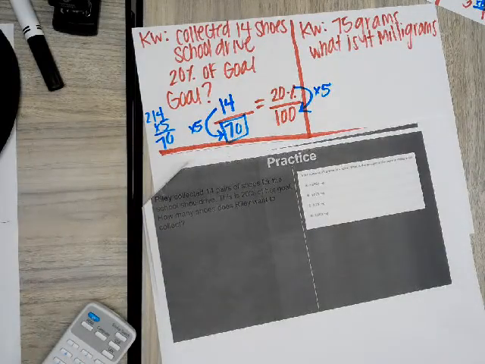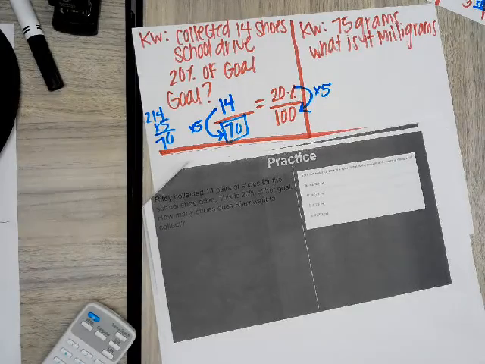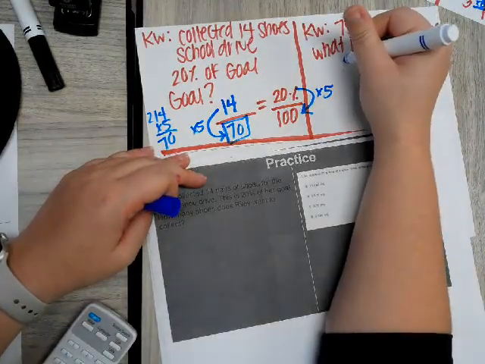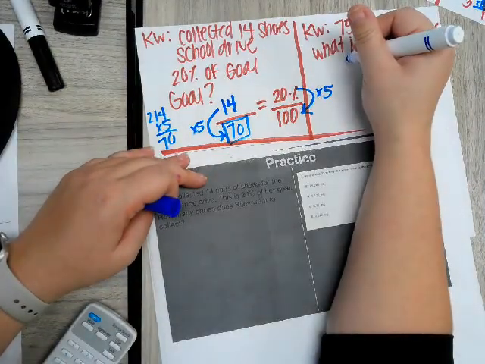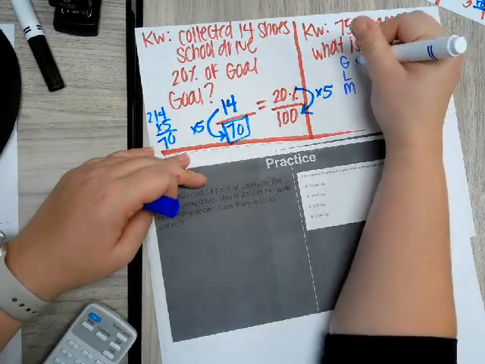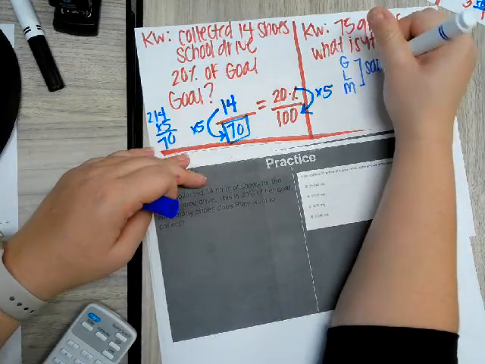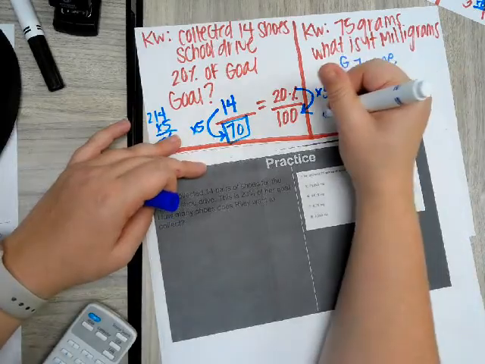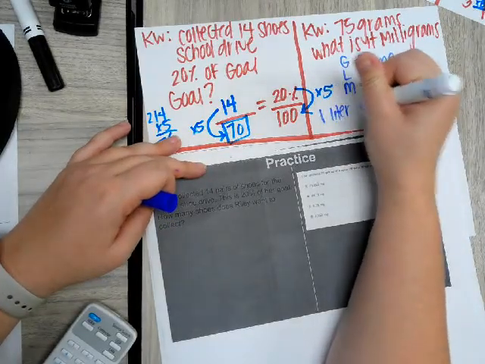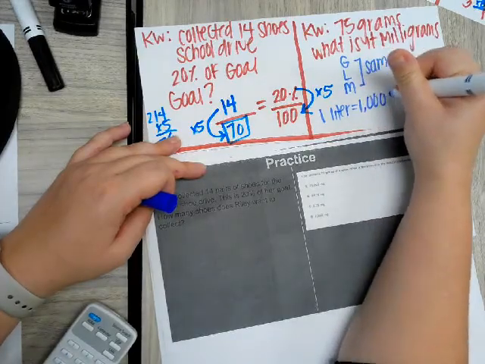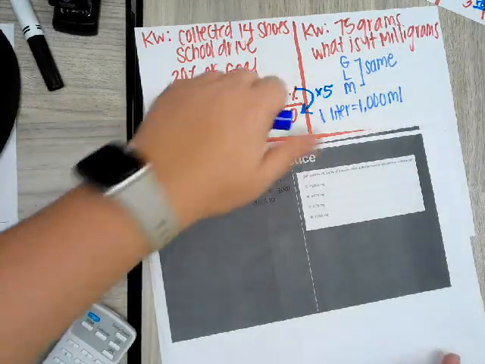Okay, so remember, grams, liters, and meters are the same. So if I look on my reference chart, 1 liter equals 1,000 milliliters. But remember, grams, liters, and meters are the same.